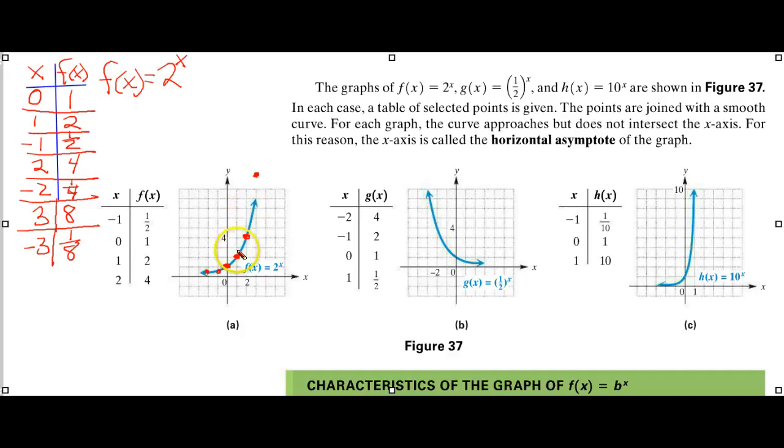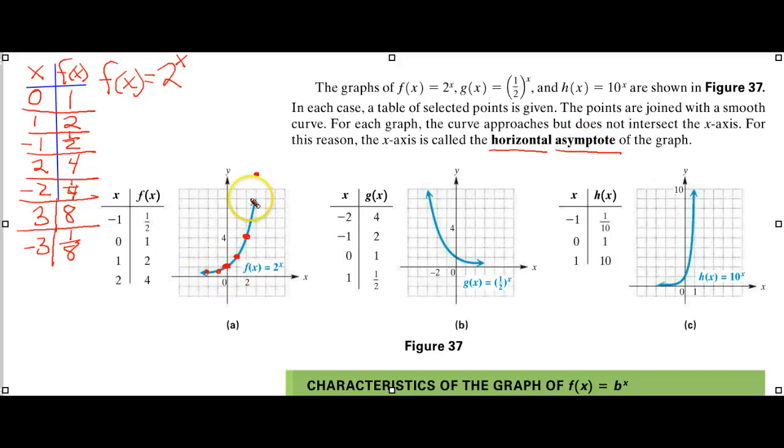A line that is set up like this, where it gets closer and closer and closer to it, but never touches, is referred to as an asymptote, and this happens to be what direction? The horizontal direction. That's your horizontal asymptote of this graph.